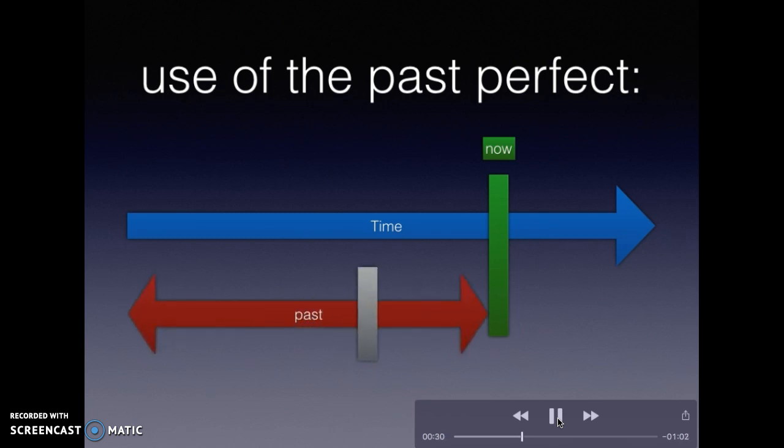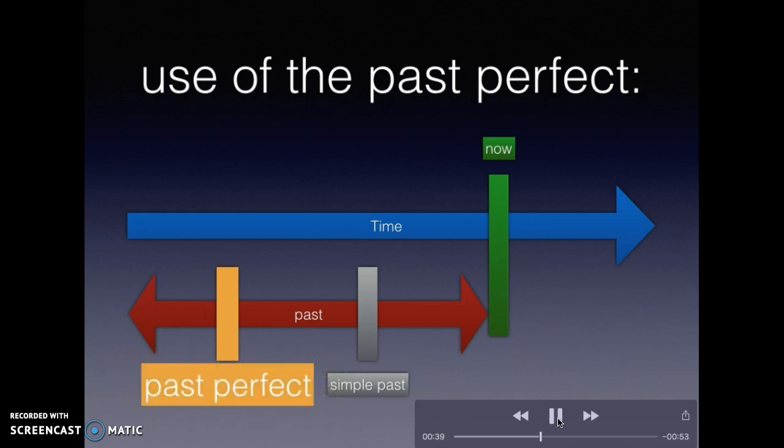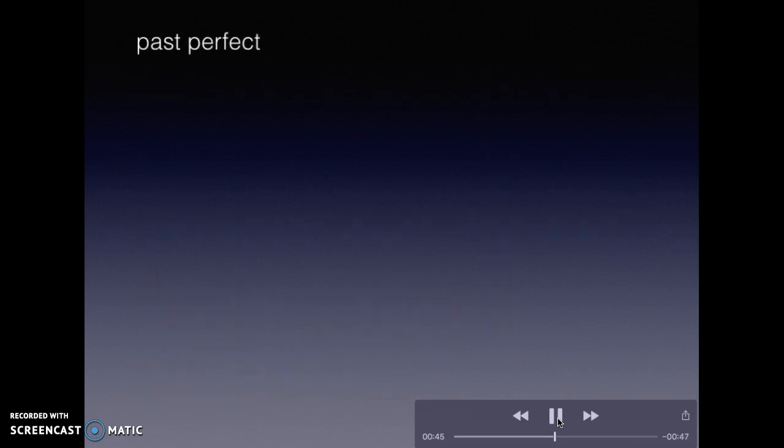We already know that when we talk about the past tense, we use the simple past. When we want to talk about something that is even earlier or further back, we use the past perfect. The past perfect is built with had plus the past participle, which is also the third form.